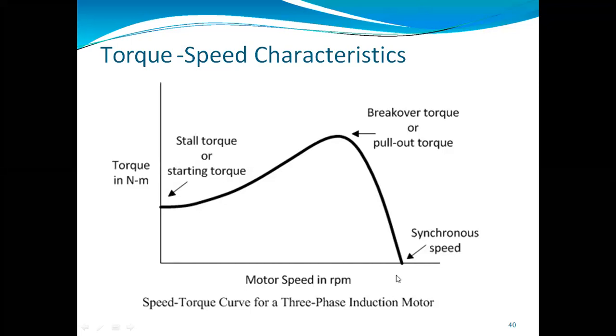You can see now we are taking rotor speed as 0, and we are considering that speed as synchronous speed. So you will get the value of torque here as 0, if you take that speed as ns.